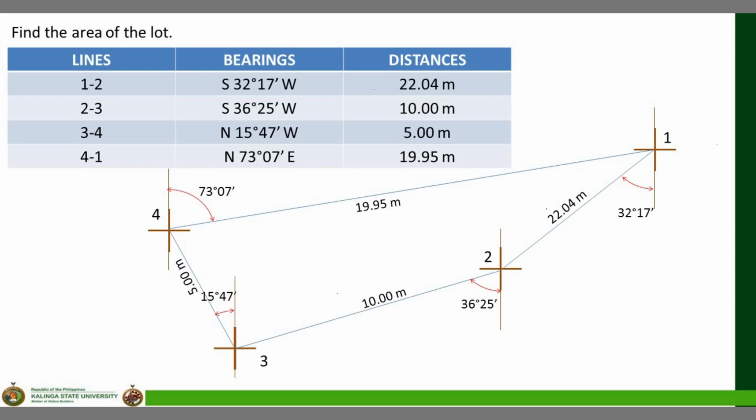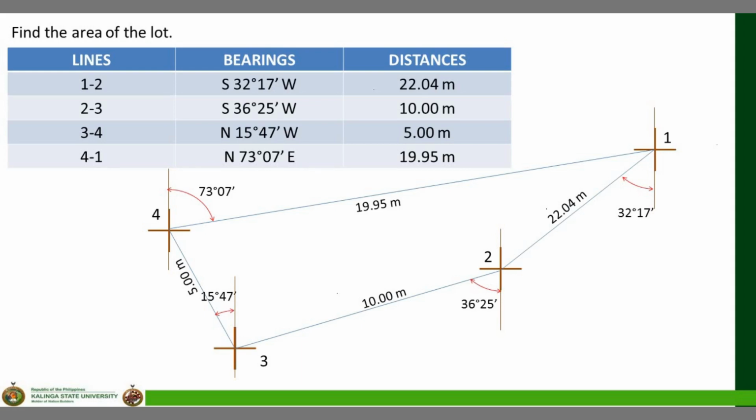For line 2 to 3, the bearing is south 36 degrees 25 minutes west. 3 to 4 is north 15 degrees 47 minutes west. And 4 to 1 is north 73 degrees 7 minutes east. Okay? So that is the illustration of my problem.